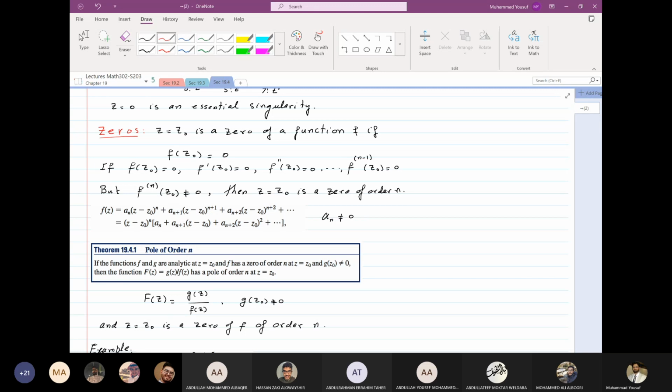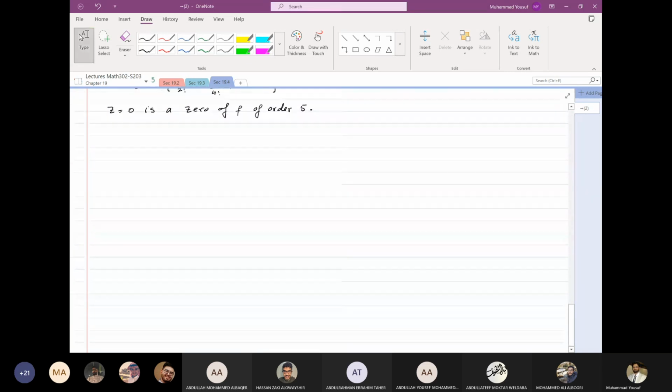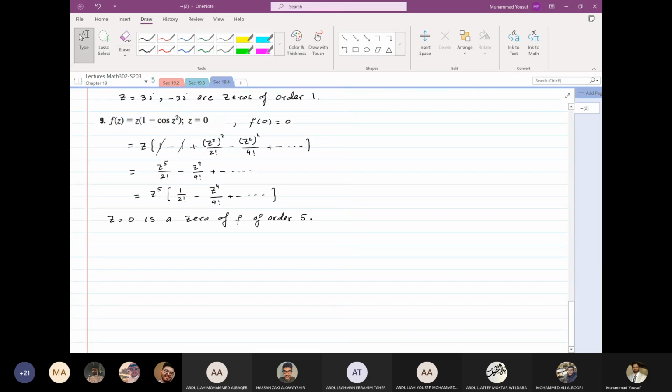Let me put this equation in a circle. I hope you are seeing that I put this big representation of f in a red circle. So from here we get the last result of this question number 9.